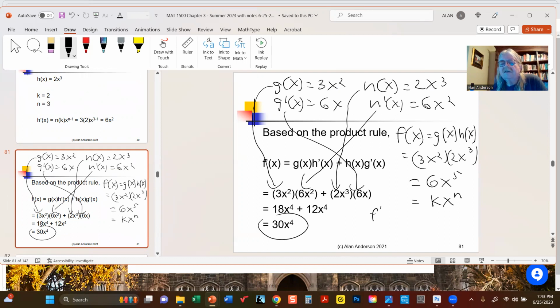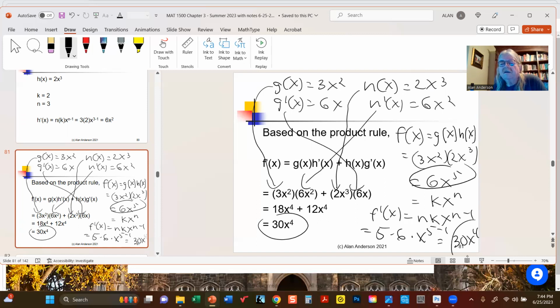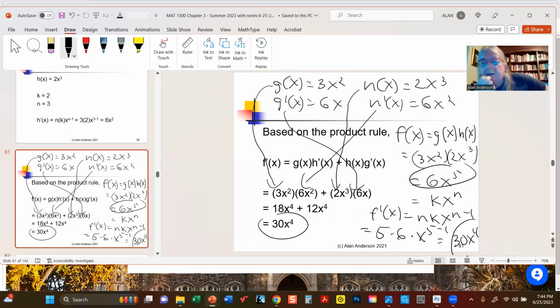F prime of x is nkx to the n minus 1, which in this case would be 5 times 6 times x to the 5 minus 1. And what do you know? It's just 30x to the 4th. So sometimes you can avoid using this rule if you simplify the expression before you get started. Just be aware of that. But if not, then you go ahead and use the product rule.